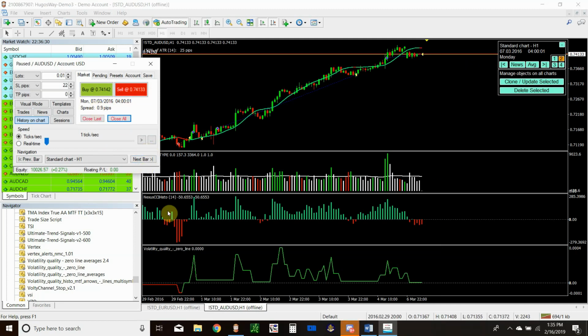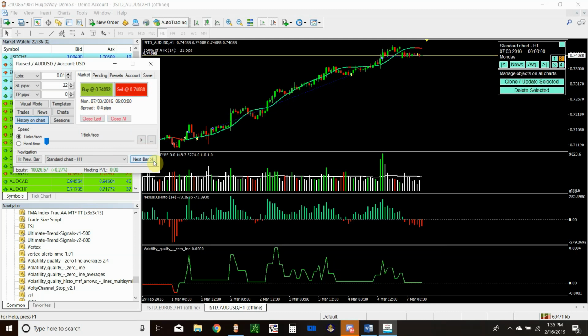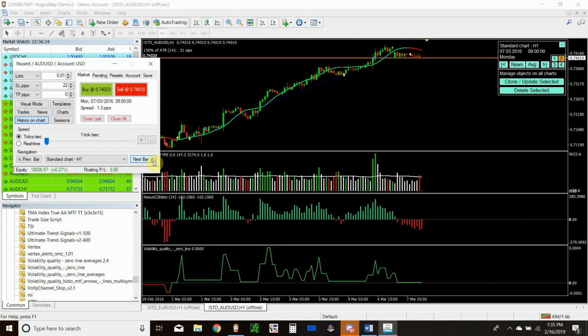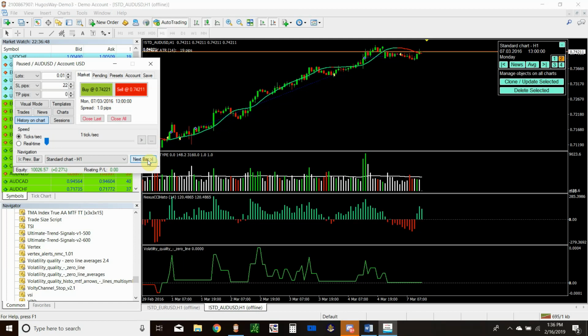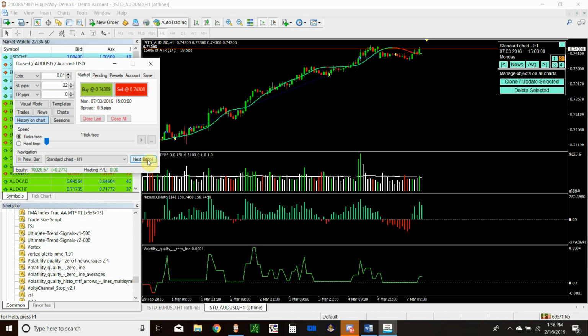Okay, so now we're going to be looking for maybe a sell trade. We've got red here, red here, red here, but our VQZ line still doesn't give us an entry. So we'll wait, see what happens. Okay, so we have another buy entry here, so we're going to buy, but interestingly enough, we would have stayed in the trend had we followed this VQZ line.